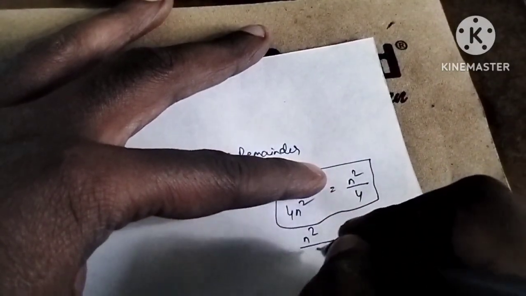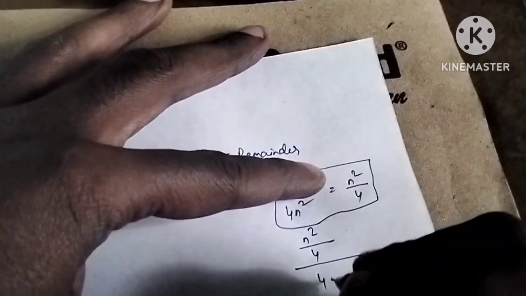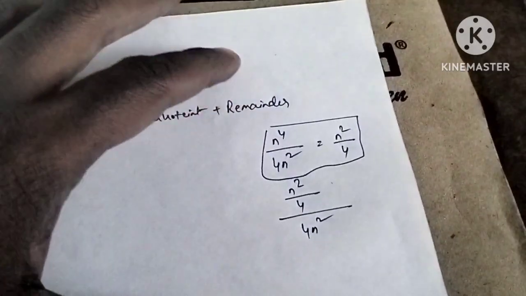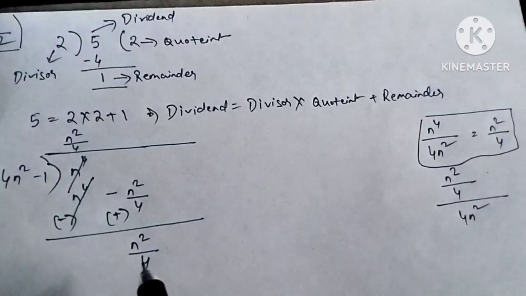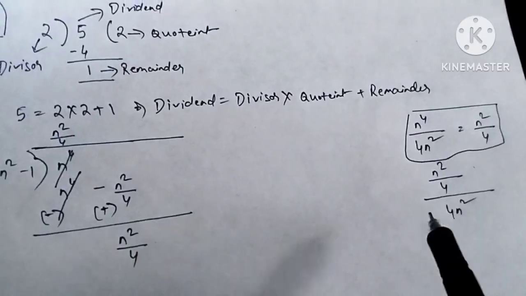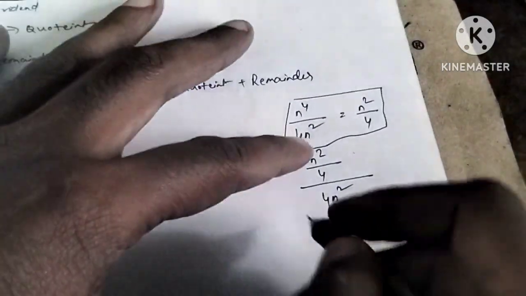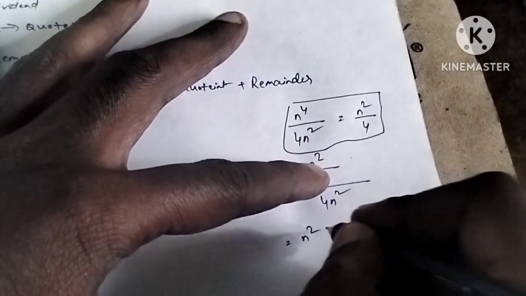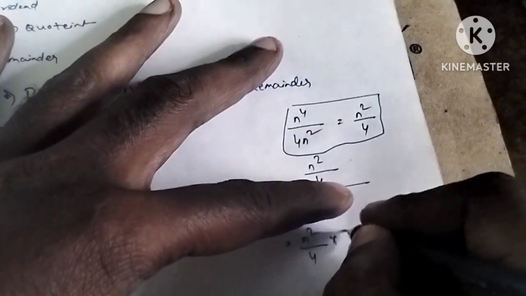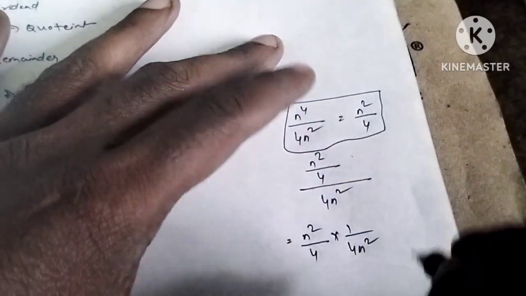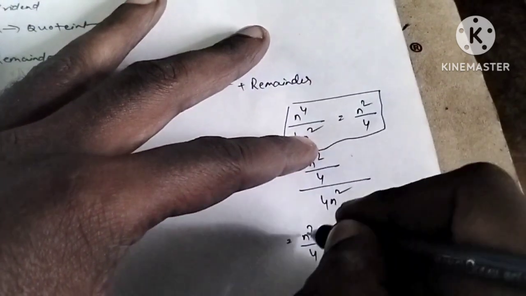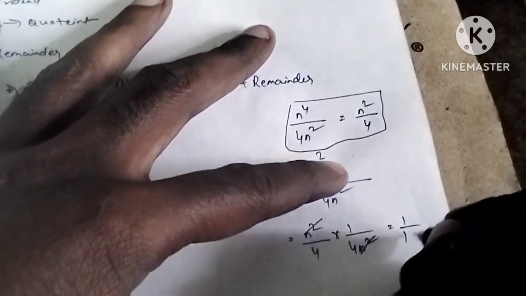Now again we have to divide n square by 4 by 4n square, as this is the dividend. n square by 4 by 4n square will be n square by 4 into 1 by 4n square. So n square cancels, it will be 1 by 16.